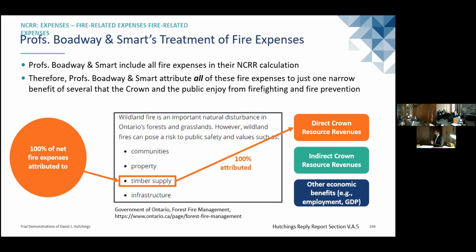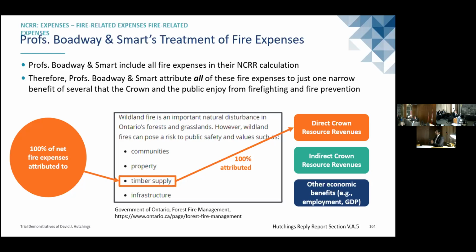So you say we could quit charging stumpage fees, we'd still have to have fire infrastructure. But if we quit charging stumpage fees, you wouldn't have forestry operations, and perhaps you wouldn't have communities and you wouldn't have other infrastructure. Is that the thinking? I'm asking you to speculate, of course.